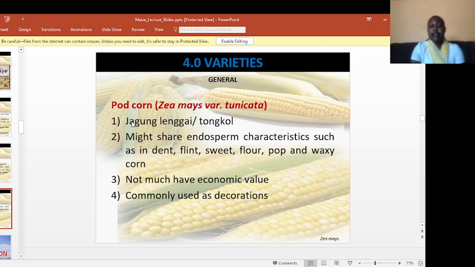We look at the pod corn, Maize tunicata, Jacan lecam tokol, might share endosperm characteristics such as dent, flint, sweet, flour, pop, and waxy corn. Not much of economic value, commonly used as decorations.